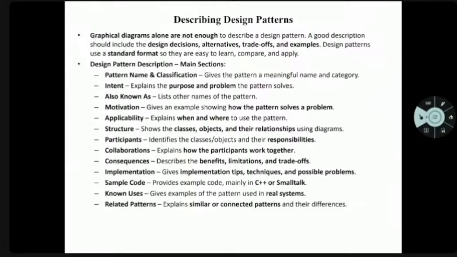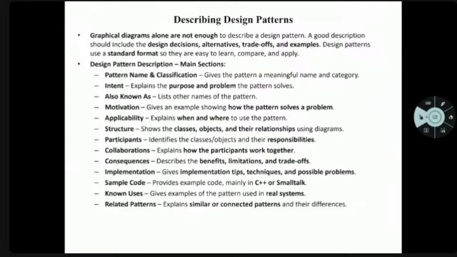Each parameter is: pattern name and classification, the intent of the project or problem, also known as, that is what the problem is also known as, and the motivation of the problem. What is the applicability of the problem? What is the structure of the problem? What are the participants for that particular problem?